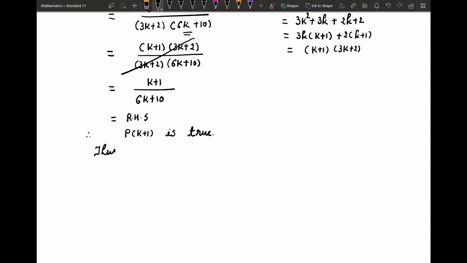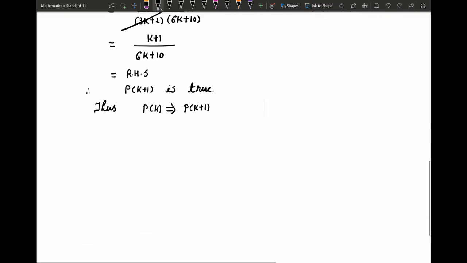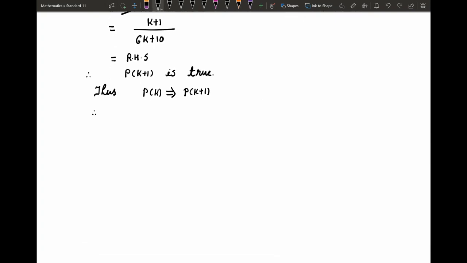Thus P of k implies P of k plus 1, and therefore by principle of mathematical induction, result is true for all n belongs to N. So we have proved result by principle of mathematical induction.